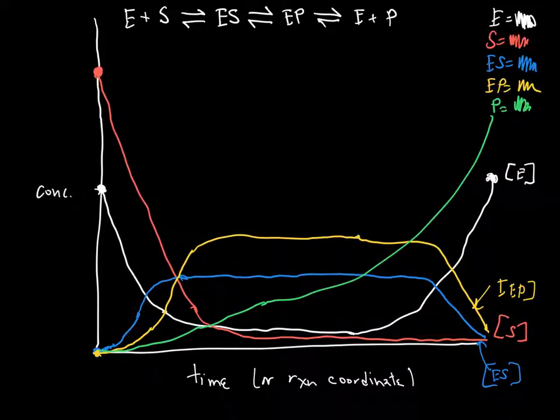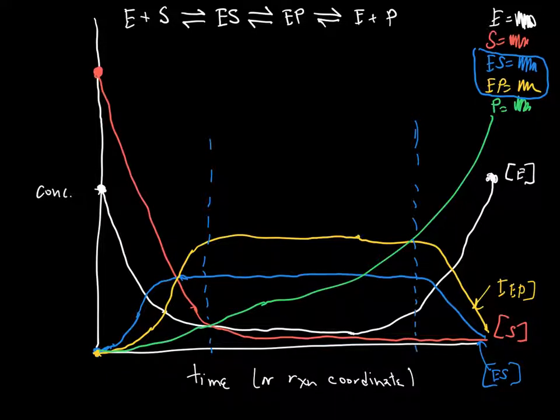However, if you notice, if we look at just the enzyme intermediates, the ES and the EP, there is this region of time. This is going to be an approximate. Where their concentration is steady.